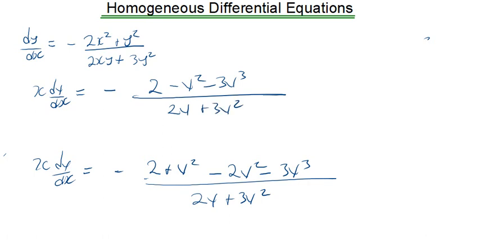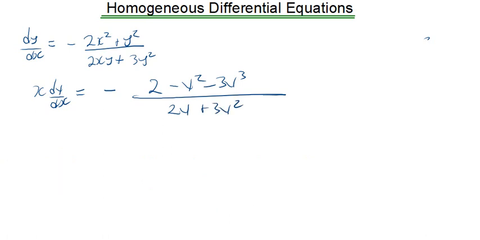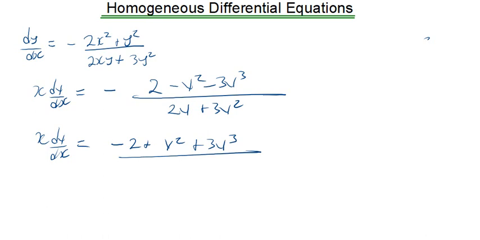You can distribute the negative on the numerator, so x dv dx equals minus 2 plus v squared plus 3v to the power 3, divided by 2v plus 3v squared.